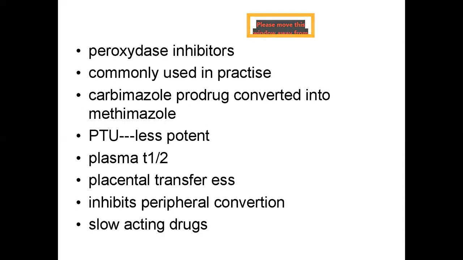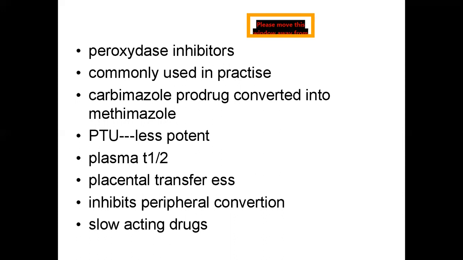cauliflower. Second group of drugs are peroxidase inhibitors. These are carbimazole, methimazole, propylthiouracil. These are the commonly used drugs in practice. Carbimazole is a product which is converted into methimazole.